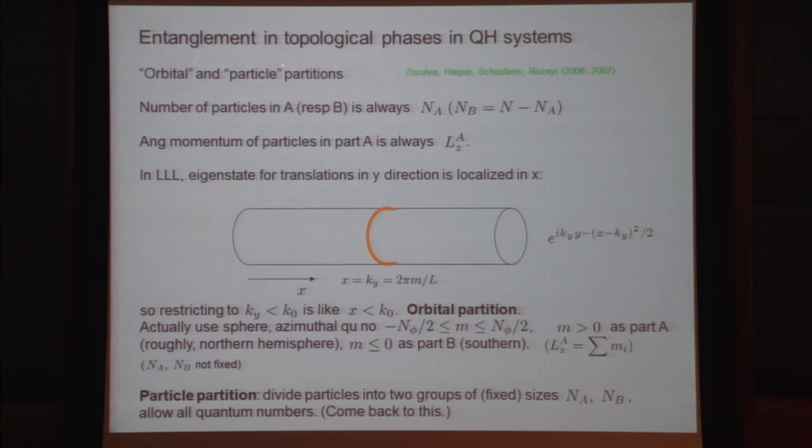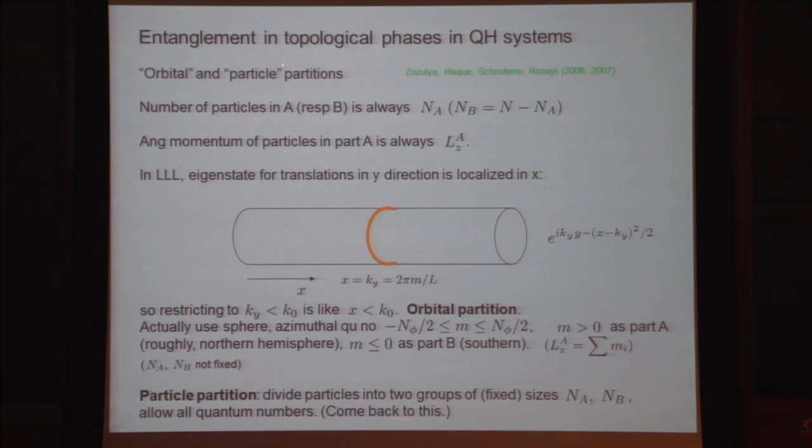The convention is that m could be either integer or half integer, depending on whether N_phi is even or odd. Then, for example, you take part A to consist of the orbitals with m positive, and the remainder is m negative, probably flipping the sign compared with what I did here. In this case, L_Z^A, the angular momentum, is just the sum of the m_i's, basically in both cases.